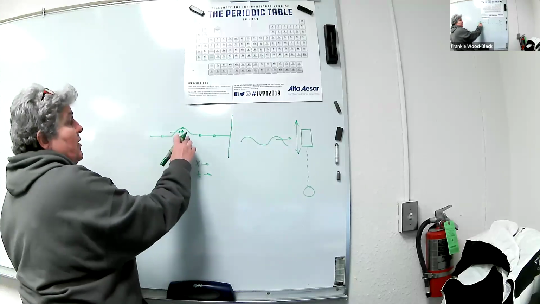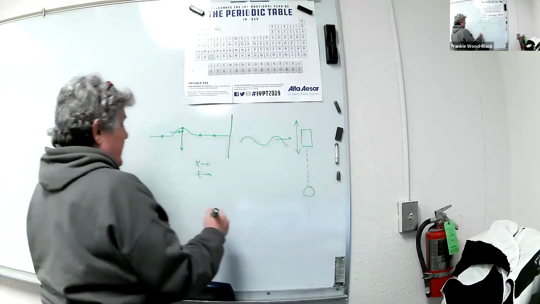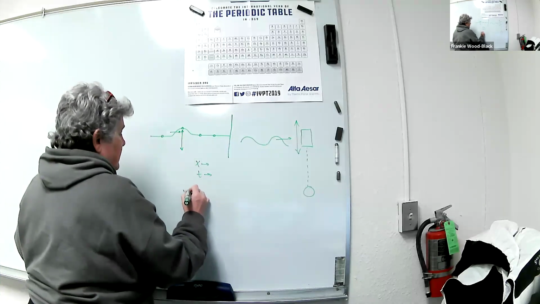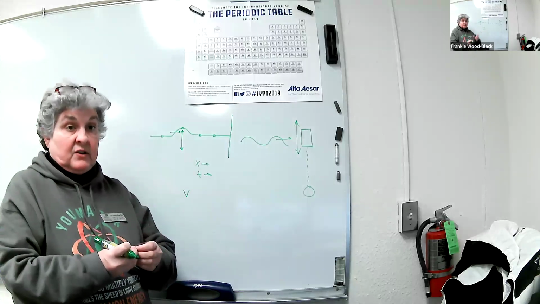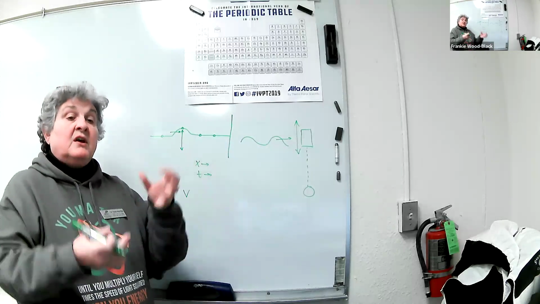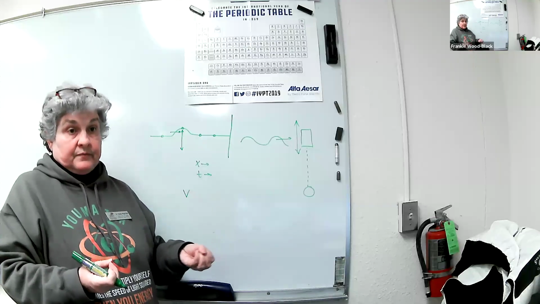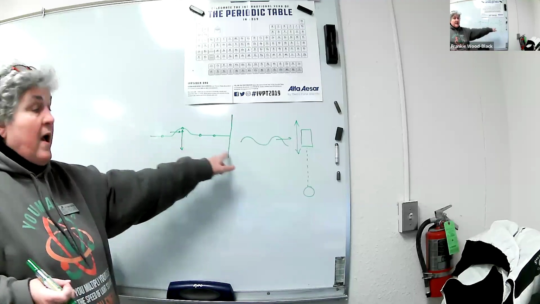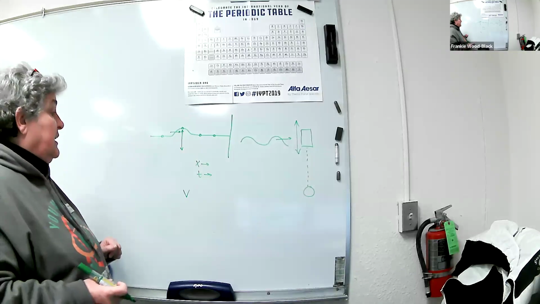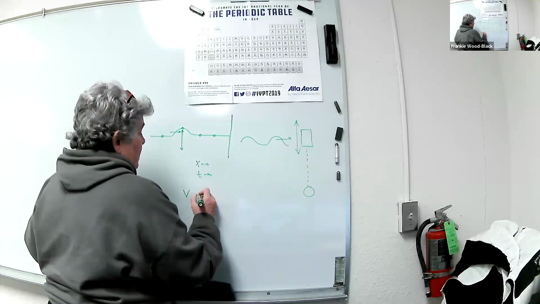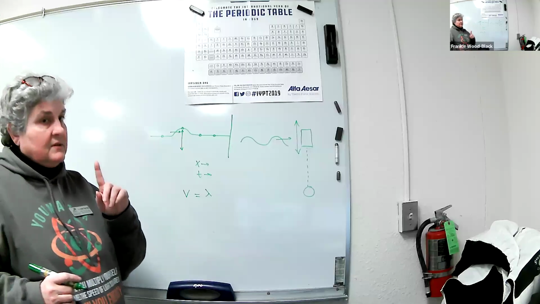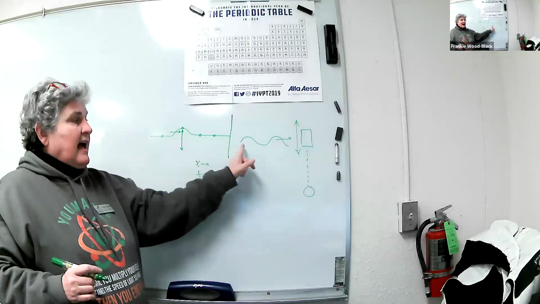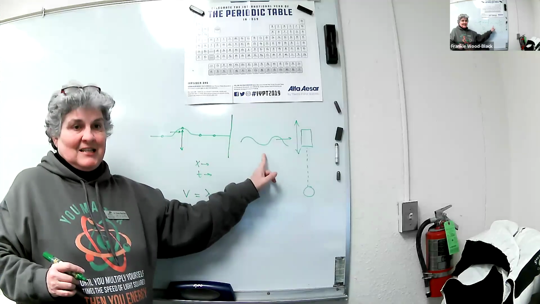Now, if I want to know about the speed of this wave, so velocity, remember velocity or speed. Velocity is a vector, so it has direction and magnitude. Speed is just the magnitude. And if we're thinking about my wave moving down my string, it's going to equal the wavelength. We're now talking about how far apart are these things.